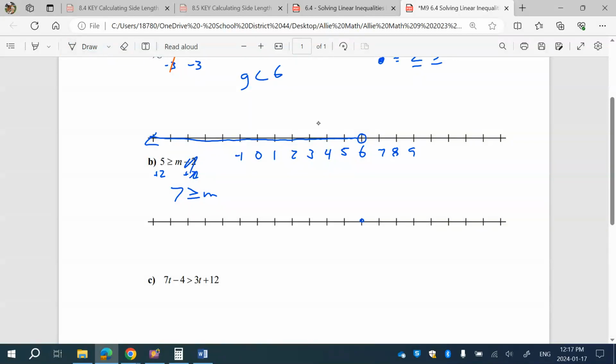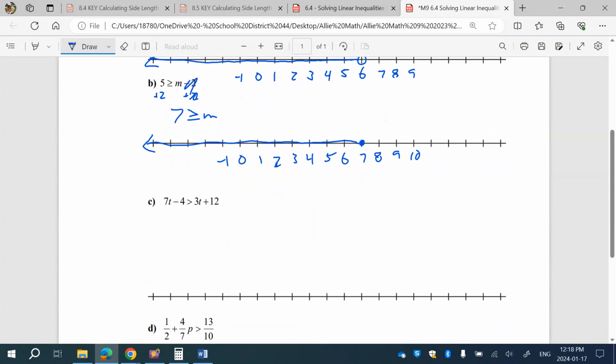And it is equal to, so we're going to fill in that circle. Let's do 7, 8, 9, 10. And let's do this way: 6, 5, 4, 3, 2, 1, 0, -1. m is going to be less than or equal to 7, so it's going to be all of these numbers this way. That's a 2.